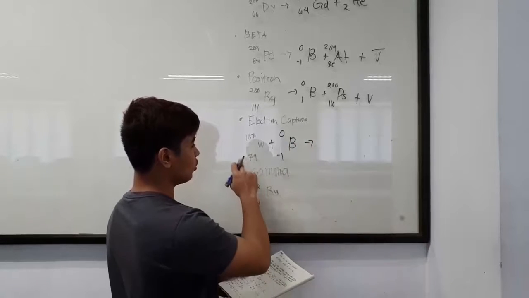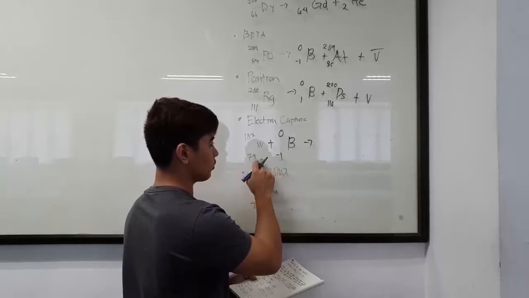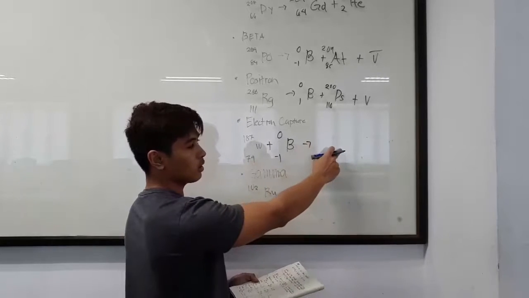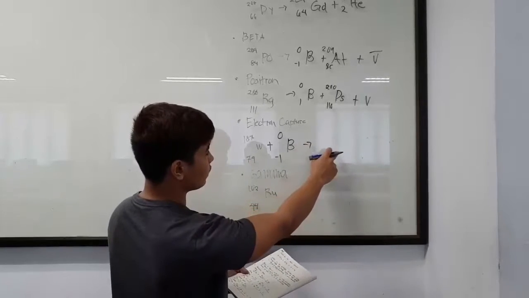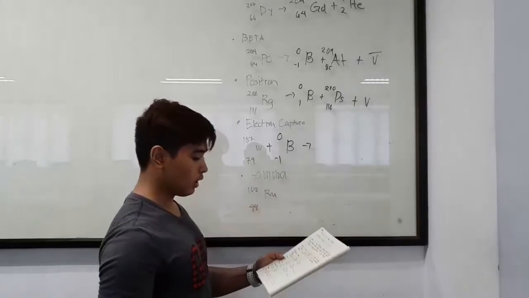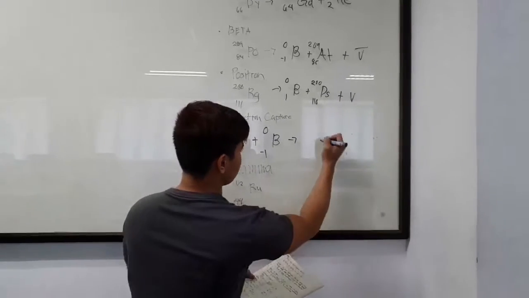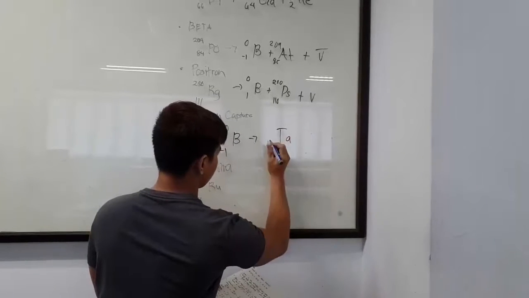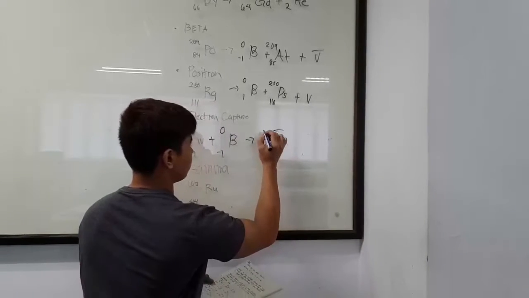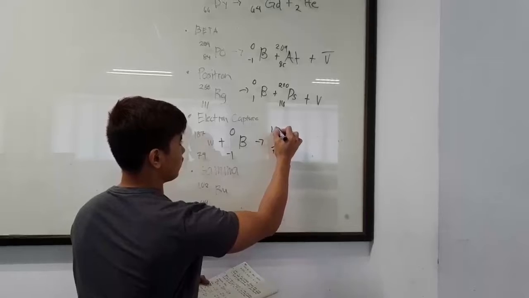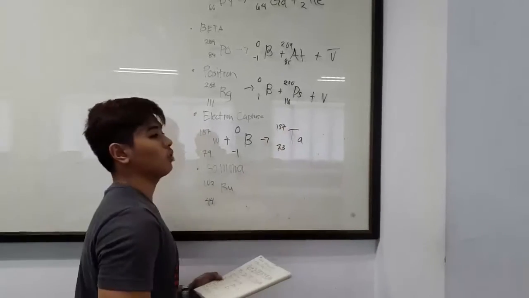And now, you will just subtract this for it to be balanced with the product side. So you will look for the 73 atomic number in the periodic table. And that element is Ta, which is tantalum, that has a 73 atomic number and 187 atomic weight.